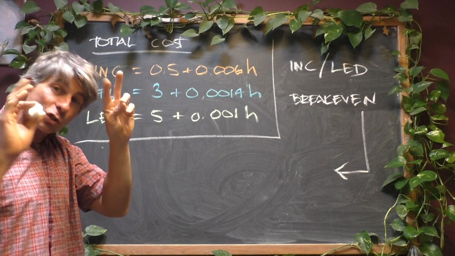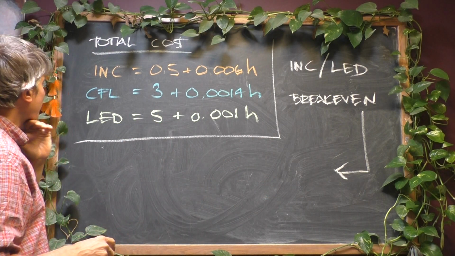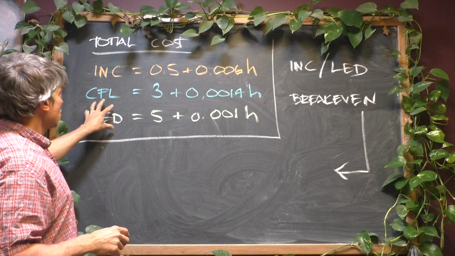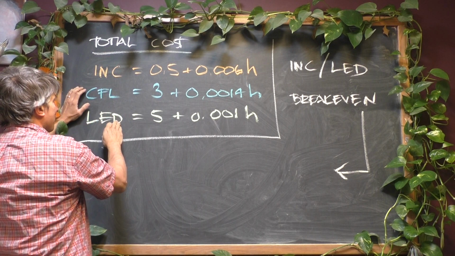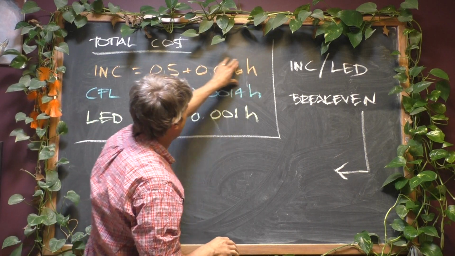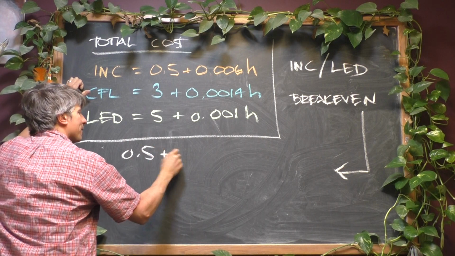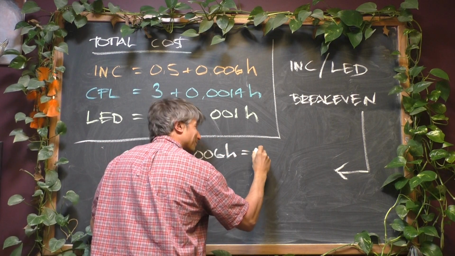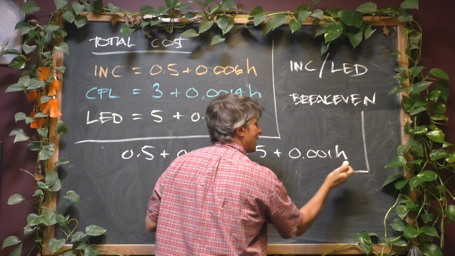And then at that certain number of hours, it becomes cheaper to run the LED in total. So I'm going to set the incandescent total cost equal to the LED total cost. So you're going to have 0.5 plus 0.006H equal to 5 plus 0.001H.